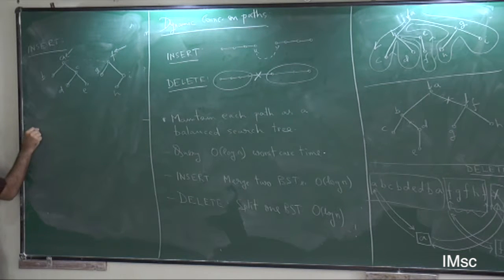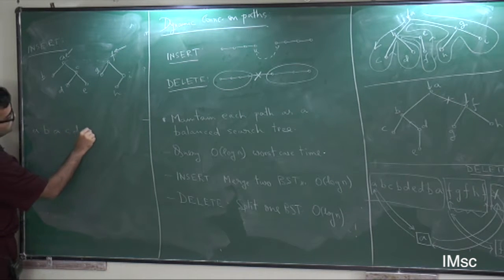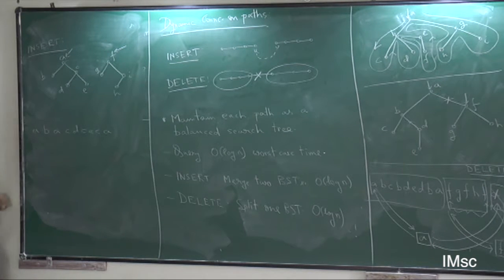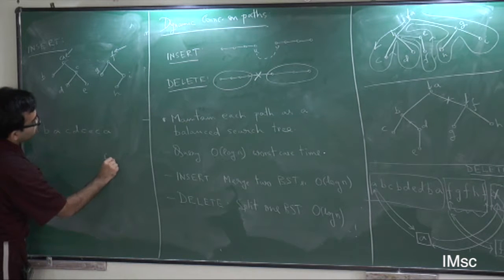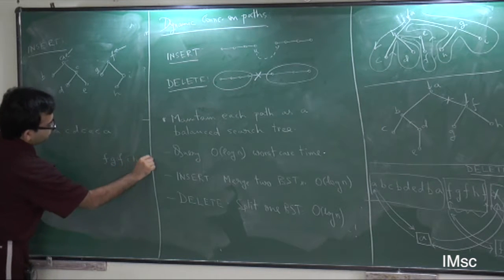So, this is A, B, A, C, D, C, E, C, A. This is the list, right? And for F, it is going to be F, G, F, I, H, I, F.